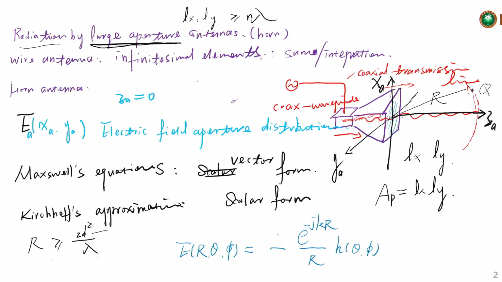So here is j divided by lambda. This is a general expression for the electric field at an observation point Q. This angle should be the elevation angle in the x or y Cartesian coordinate system, and so this is the expression.